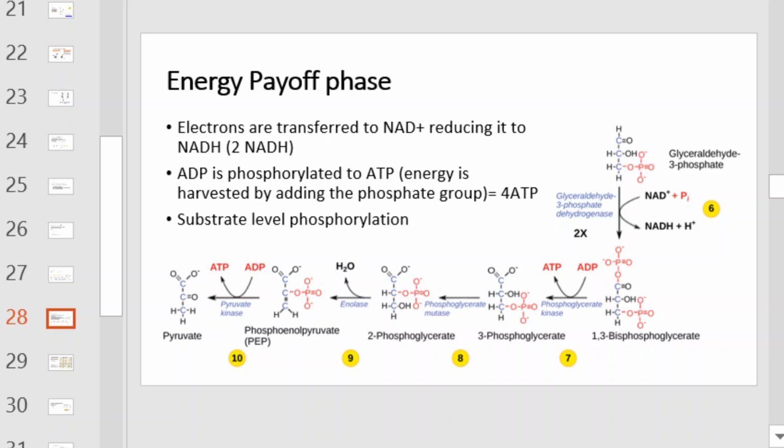However, since the investment phase cost 2 ATP to start, we really only gain 2 ATP from glycolysis. The formation of ATP in the energy payoff phase is done using enzymes, which will oxidize the glucose derivatives directly, so we refer to this as substrate-level phosphorylation.